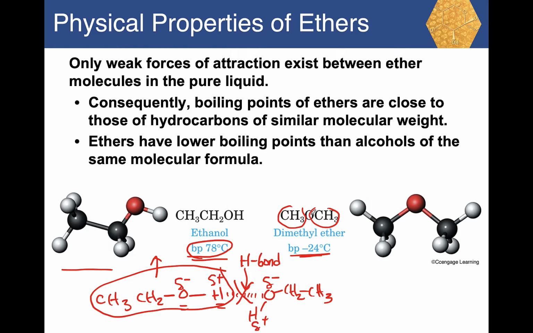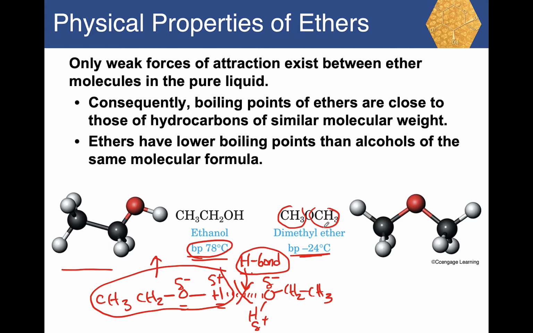But the intermolecular interaction between these two molecules is different. The one that exists for ethanol is strong hydrogen bonding. The one that exists for dimethyl ether is not hydrogen bonding, but very weak dipole-dipole interaction.